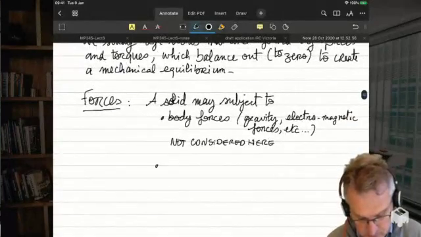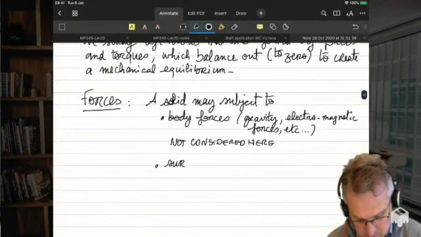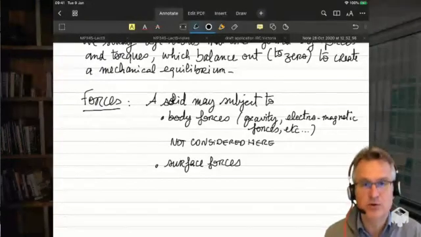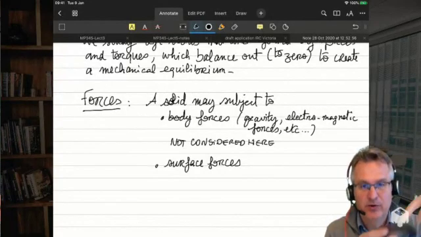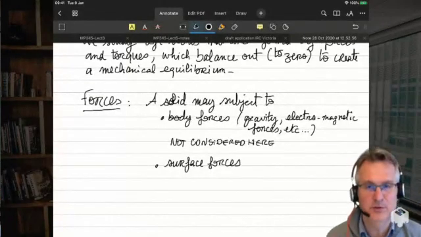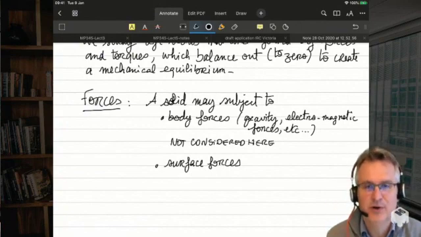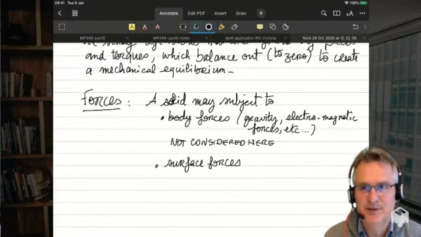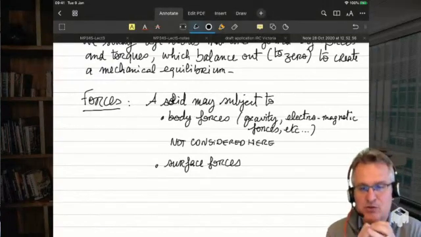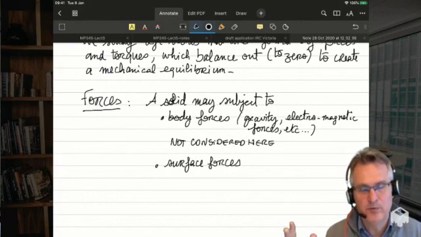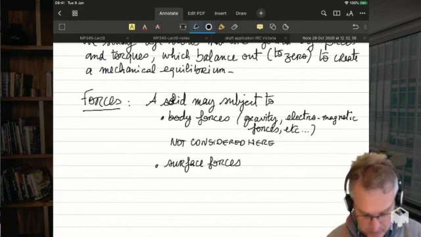And the other type of forces that a solid may be subject to are surface forces. Right, just like I was showing you earlier, I apply force on the surface of the body. And then, of course, those surface forces are going to be happening inside, right? If I just look at one part inside of the body, subject to forces from the other part of the body, right?